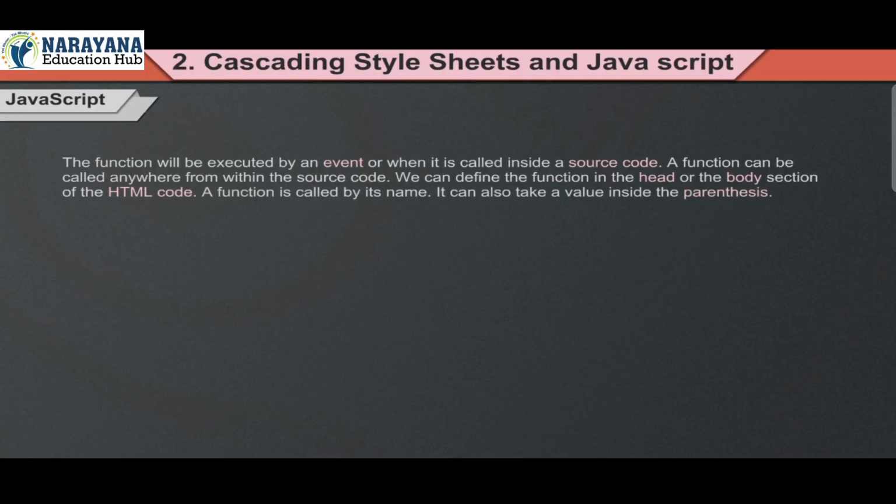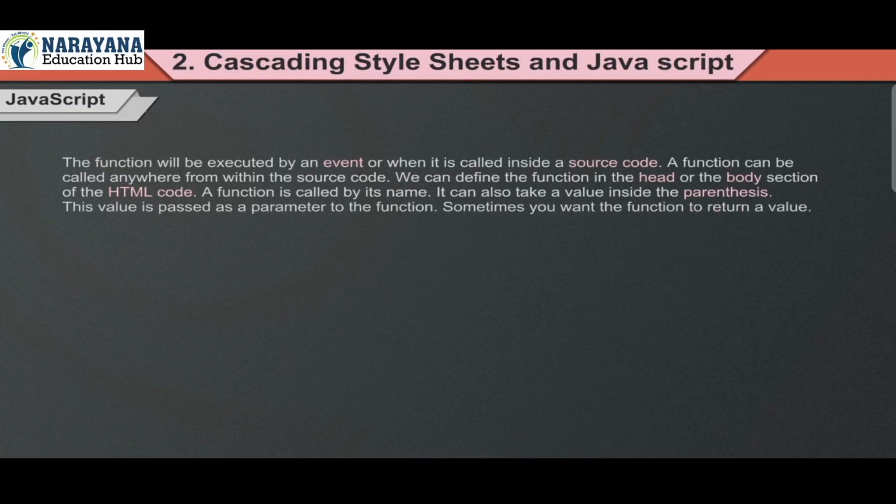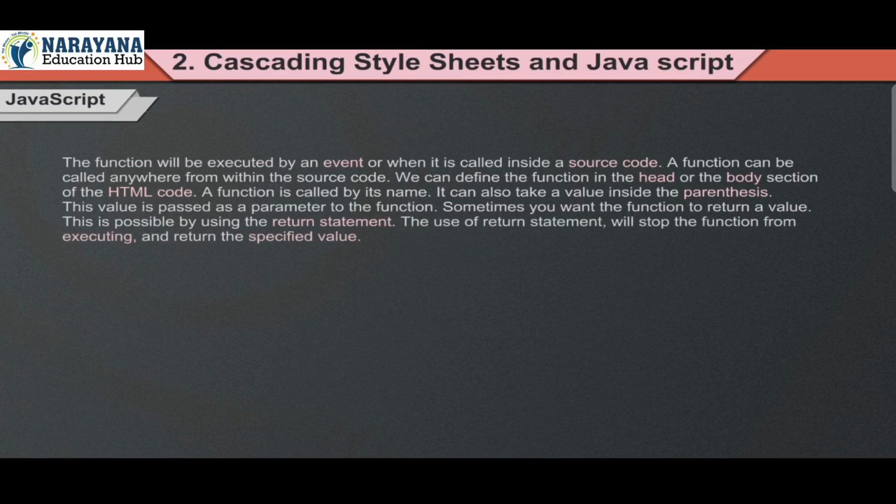It can also take a value inside the parenthesis. This value is passed as a parameter to the function. Sometimes you want the function to return a value. This is possible by using the return statement. The use of the return statement will stop the function from executing and return the specified value.